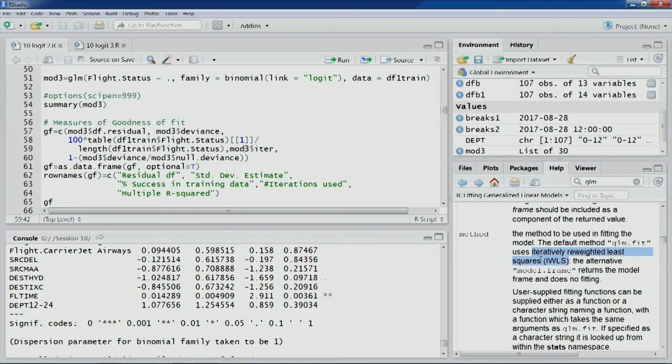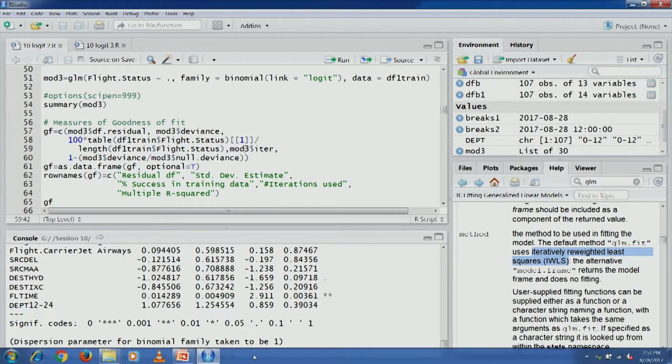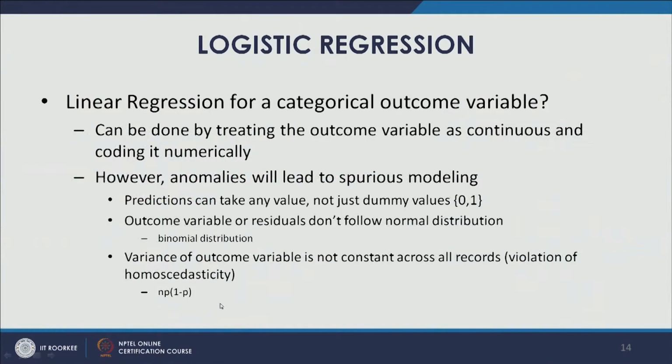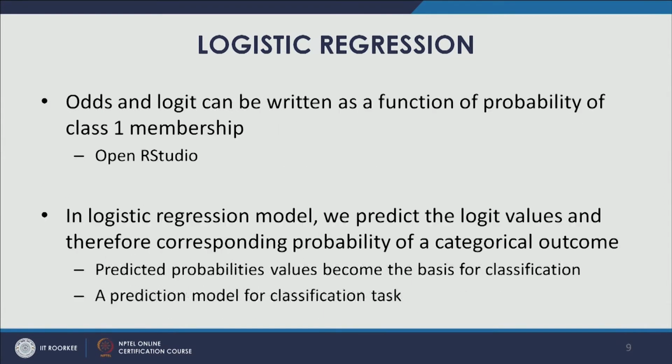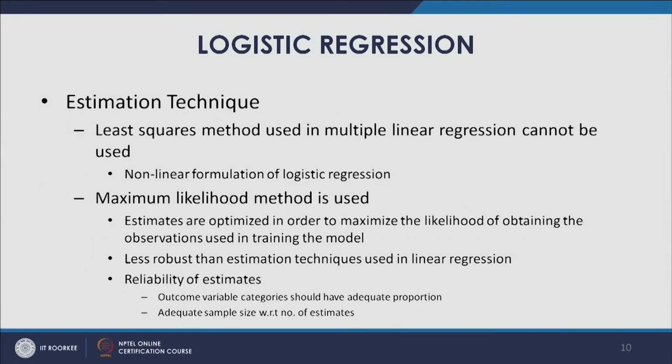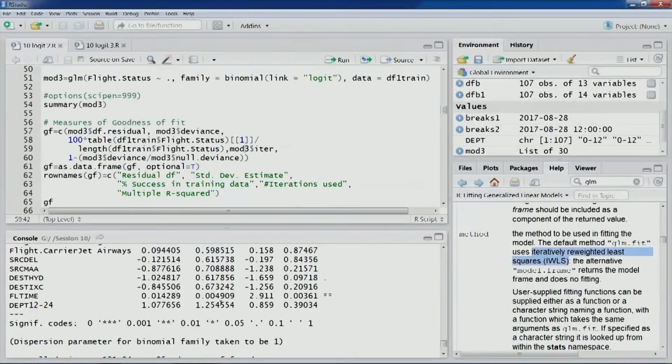The maximum likelihood method that we talked about in our discussion, as we can look in the slides as well. So this is quite similar to the discussion that we have had.